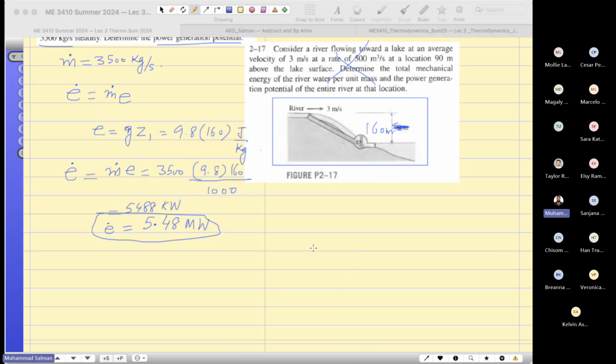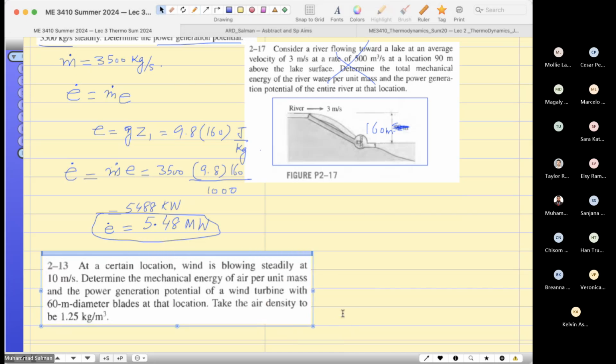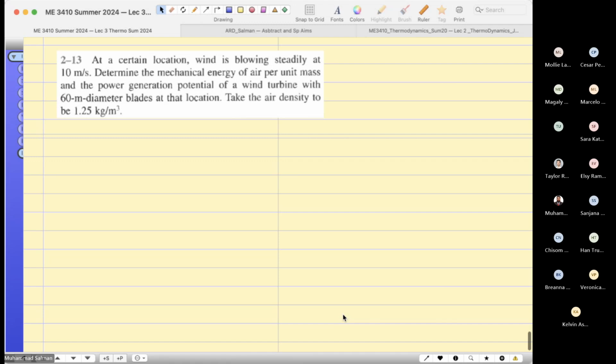Let's do one more problem. At a certain location, wind is blowing steadily at 10 meters per second. Determine the mechanical energy of air per unit mass and the power generation potential of the wind turbine.